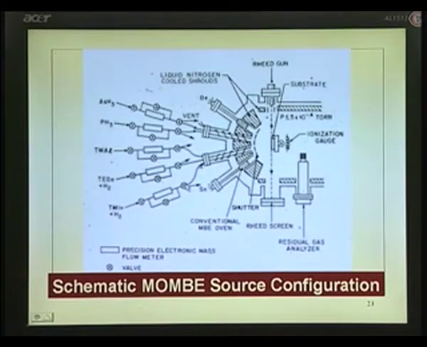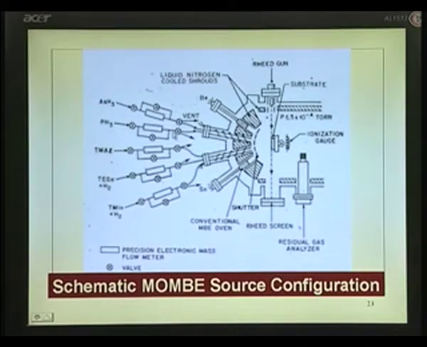It is not an element, it is a vapor, it has to be cracked inside the chamber, and all the shutters are there as before. This is the heating part of it. Organometallic compounds for the third group are all mixed together through one port, then phosphine and arsine all mixed together through one port. If you do not want arsine, close this here. If you do not want phosphine, close this here.